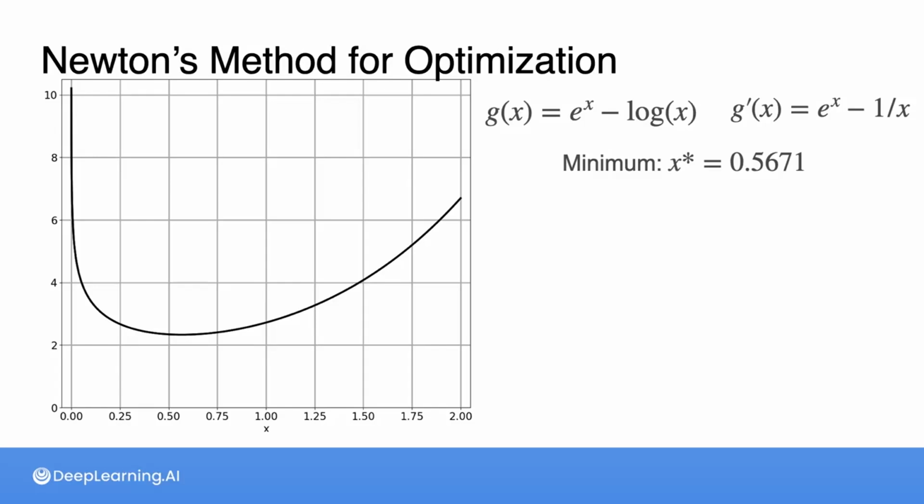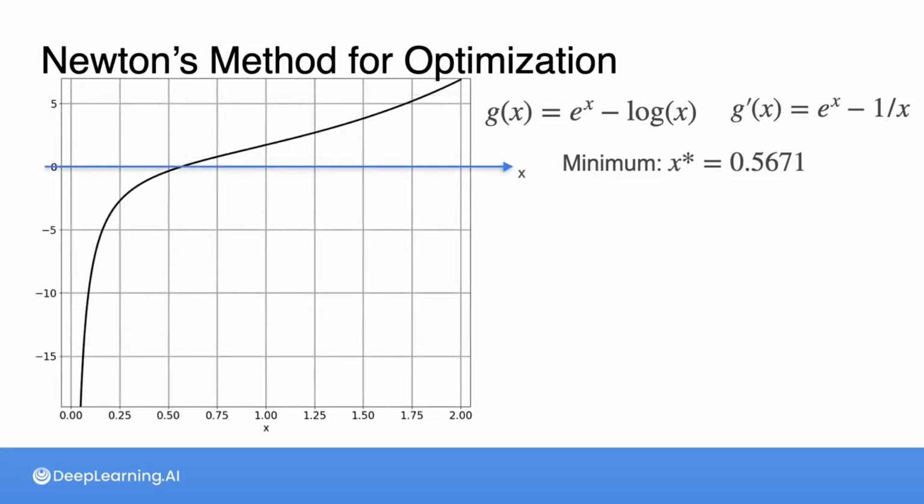Recall that in order to use Newton's method for a minimum, you actually have to use it to find the zeros of the derivative. So we're going to try to find the zero of this function, which is the derivative, e to the x minus 1 over x. Now, what's the derivative of the derivative? Well, the derivative of e to the x is again e to the x, and the derivative of 1 over x is minus 1 over x squared.